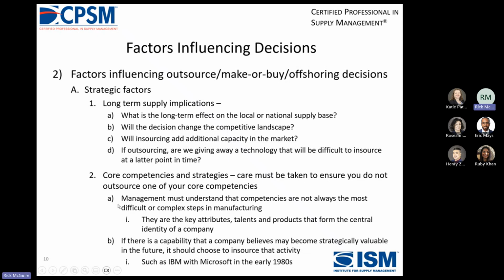Care must be taken to ensure you don't outsource your core competencies. If a capability the company believes may become strategically valuable in the future, it should choose to insource that activity. Because if you can outsource your core capabilities, then why do you even exist? Why not have the other guy do it? He can do it just as well.